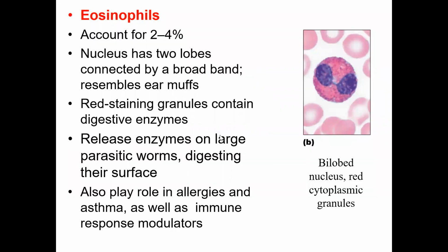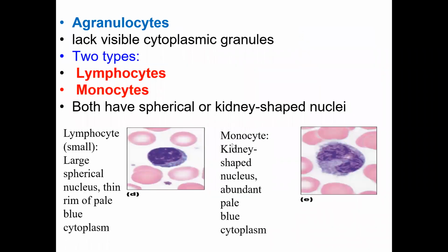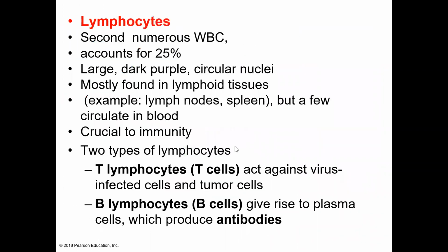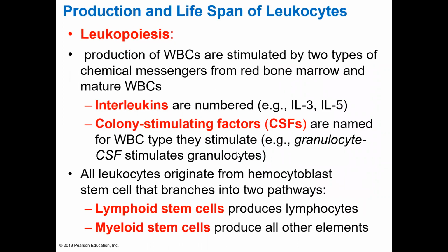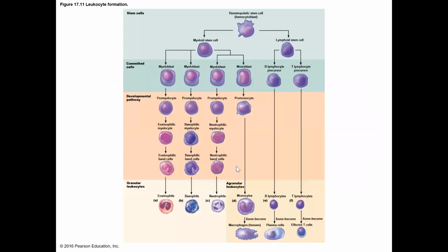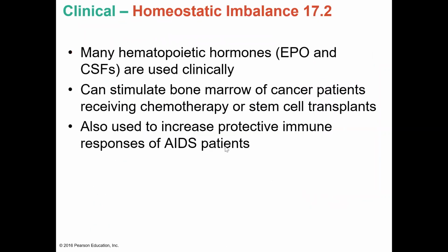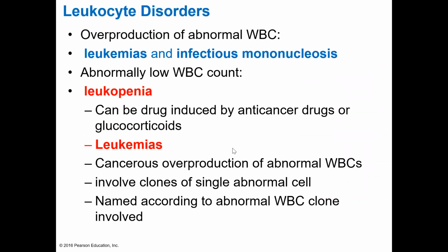Moving on, I'm not going to go into details. I'll let you read it. I'm going to move on and talk about white blood cell disorders. We talked about the disorders of red blood cells, mainly anemias.